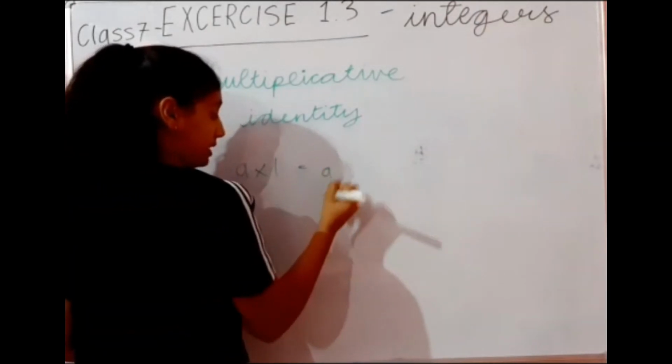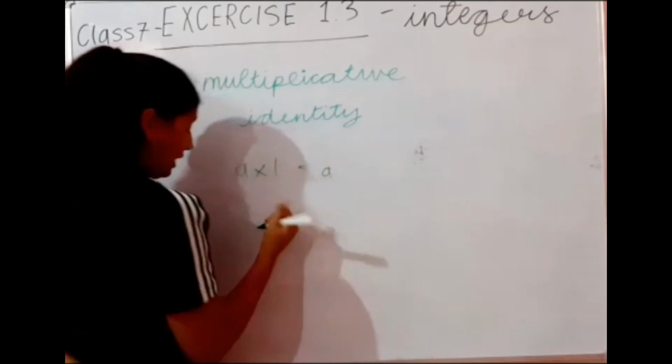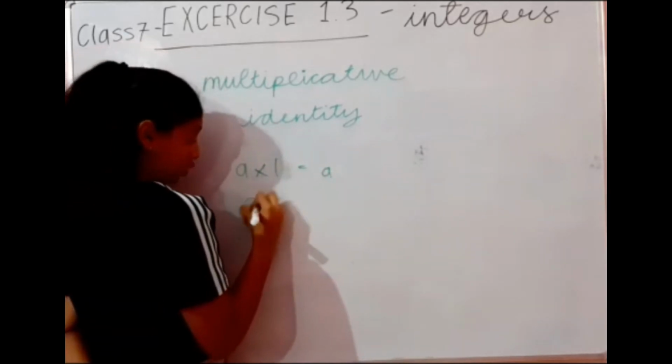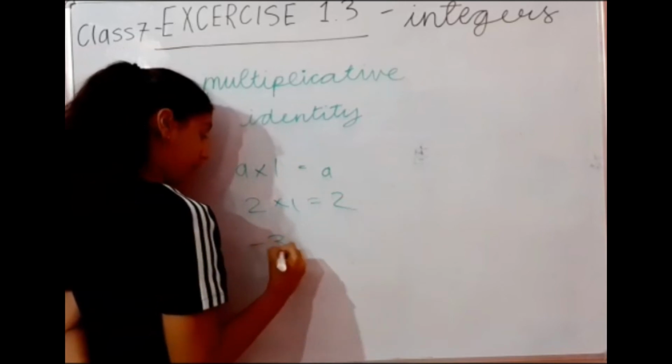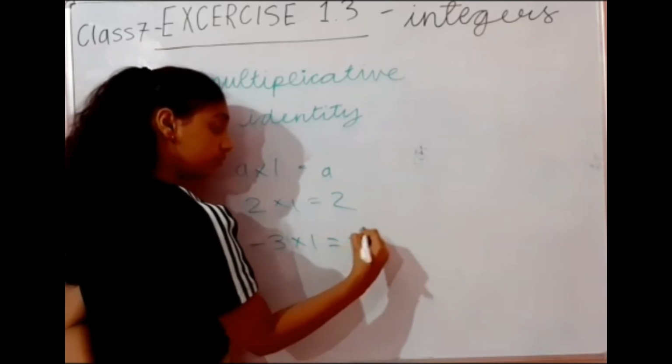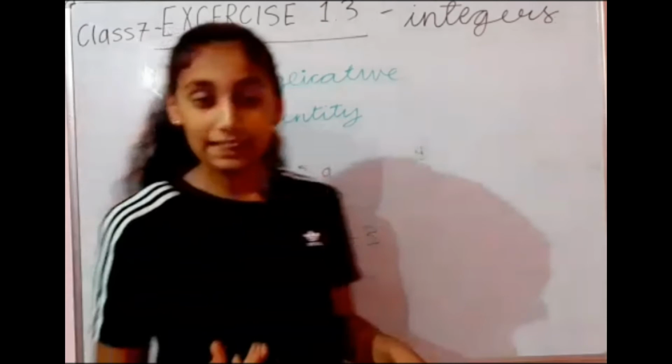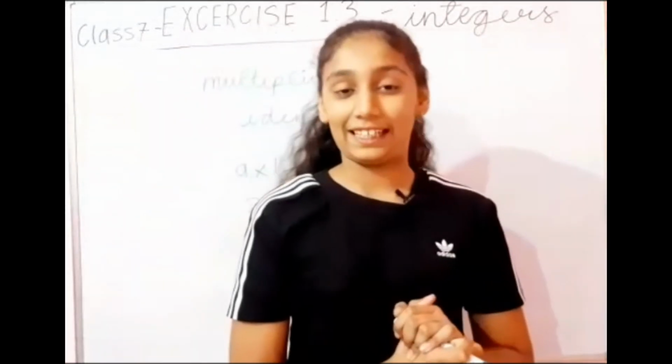The answer will come as a. Now let's take a number. 2 into 1 is equal to 2. Minus 3 into 1 is equal to minus 3. So this is what the multiplicative identity states.